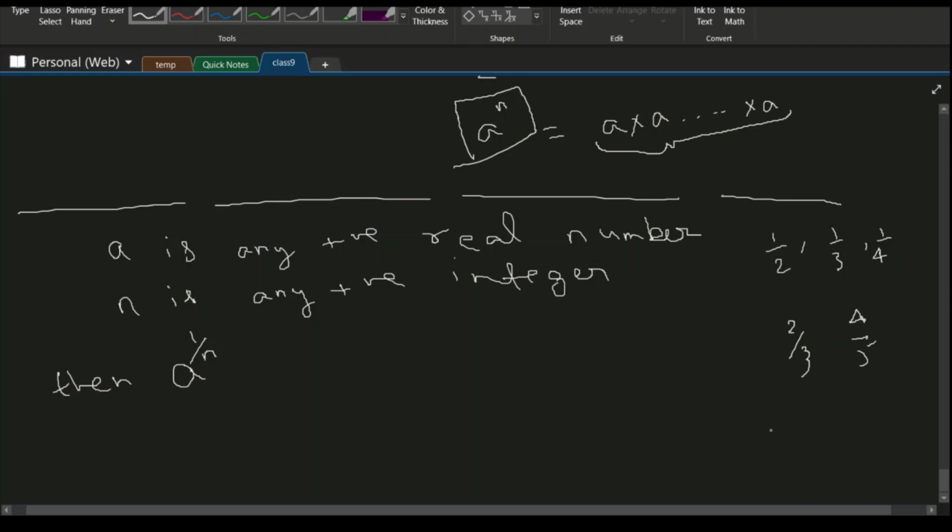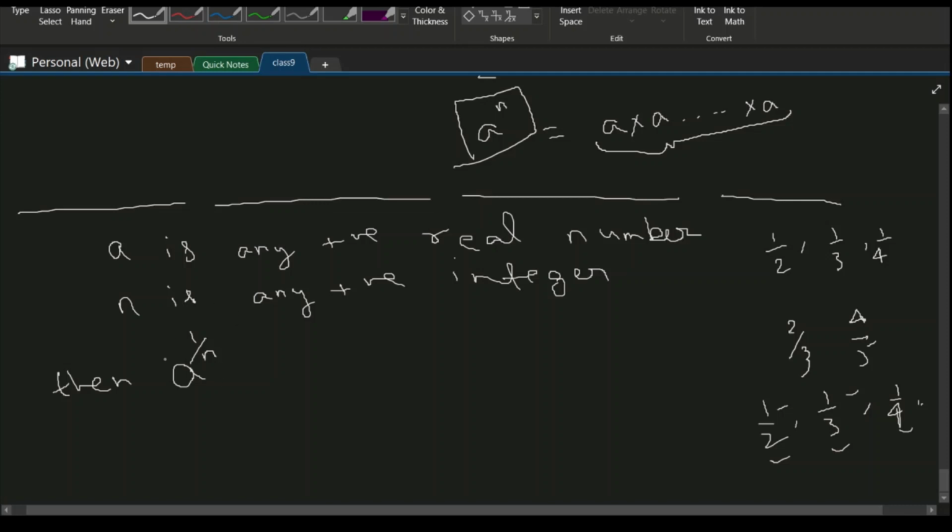But for now, let's focus our attention on when a is any positive real number and the power on top of a is these kind of numbers, 1 by 2, 1 by 3, 1 by 4, and so on, with numerator 1 and denominator a positive integer. So a to the power 1 by n.